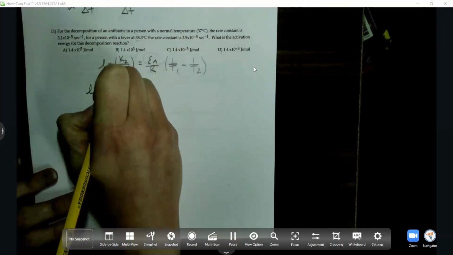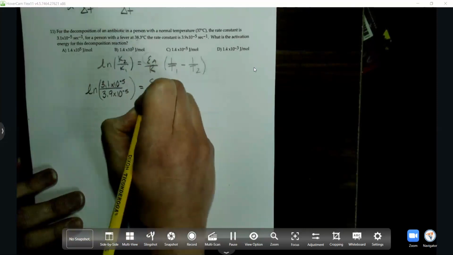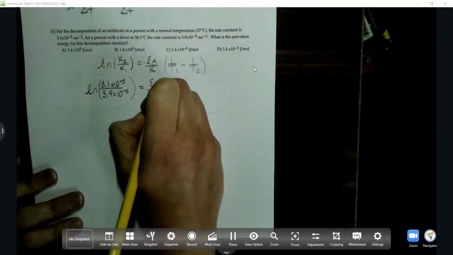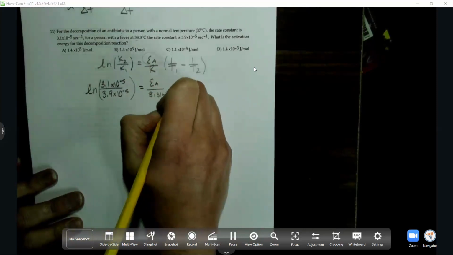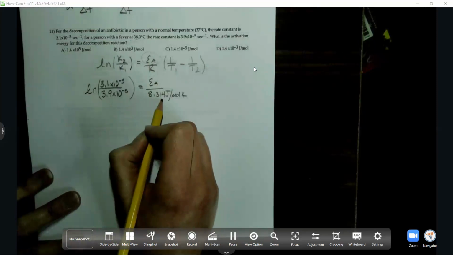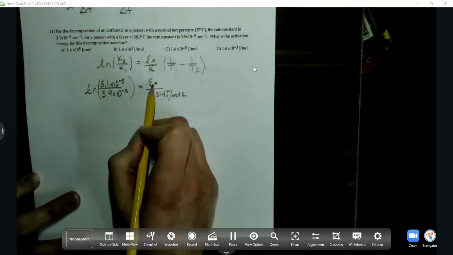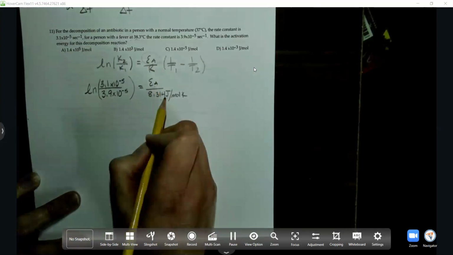So ln of 3.9 times 10 to the negative 5 over 3.1 times 10 to the negative 5 equals Ea over 8.314 joules per mole K. I usually remember which gas law constant we're using because we're talking about activation energy, so we need an energy unit.